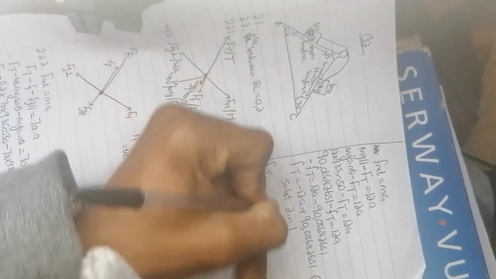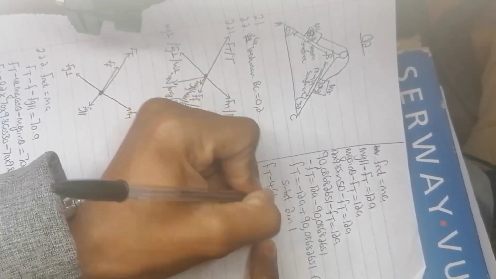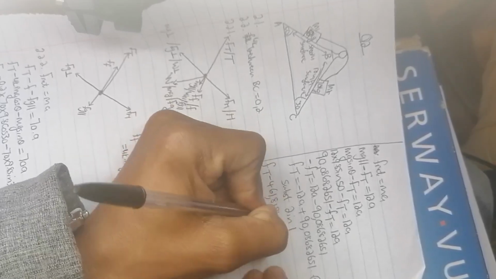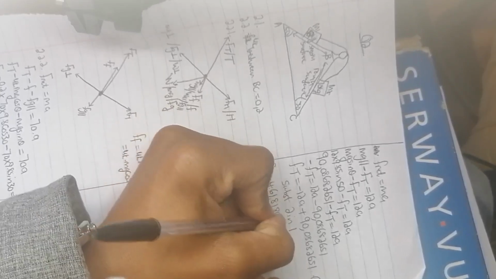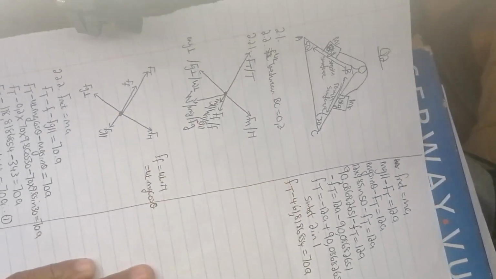My equation 1: force of tension minus 461.8186 854 equals 78.